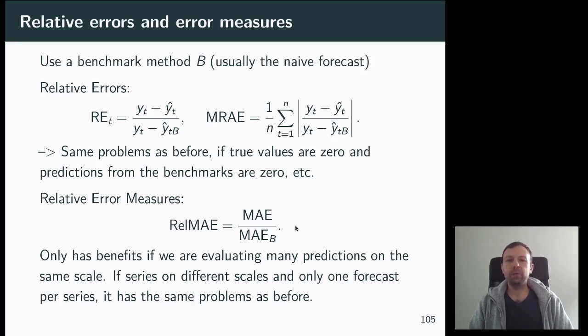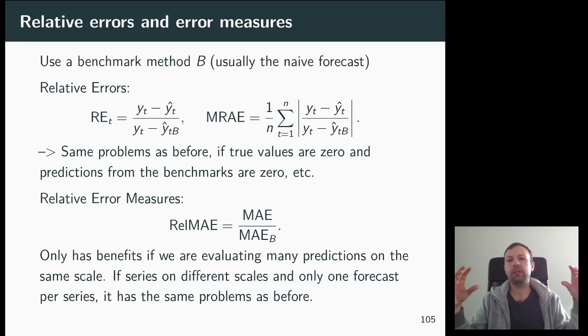But you do still run into the same problems, because let's say you have many time series, and for each time series you only predict one step ahead, and all these series are on different scales. Now over what are you going to calculate the mean? In order to calculate this rel MAE properly, you need to calculate this mean over a quite big output window.